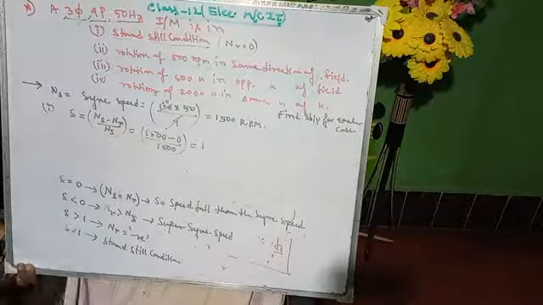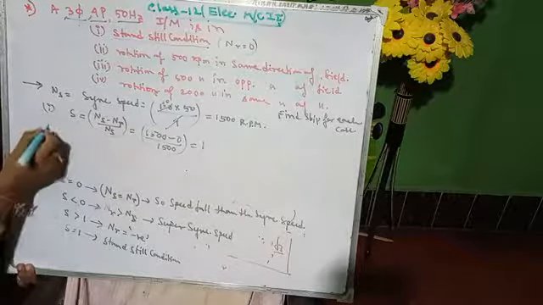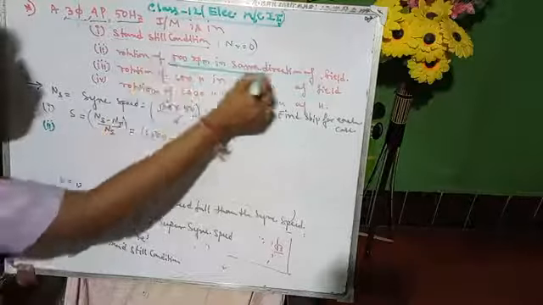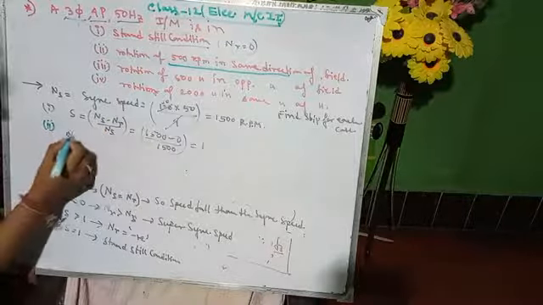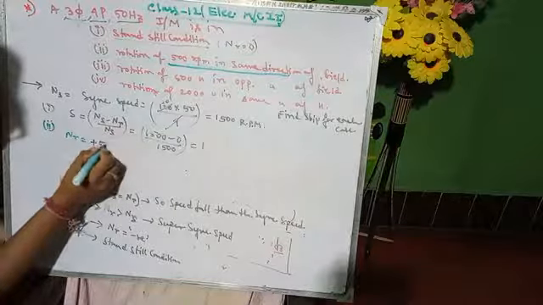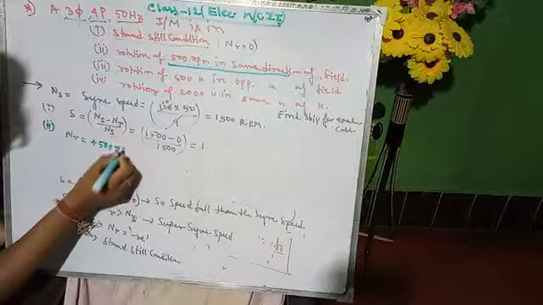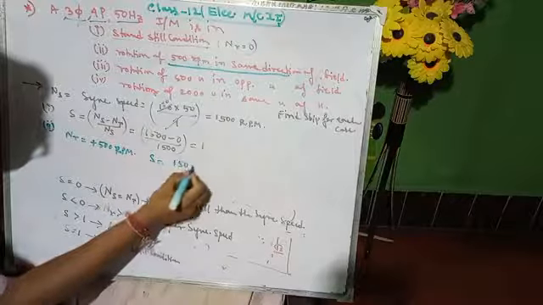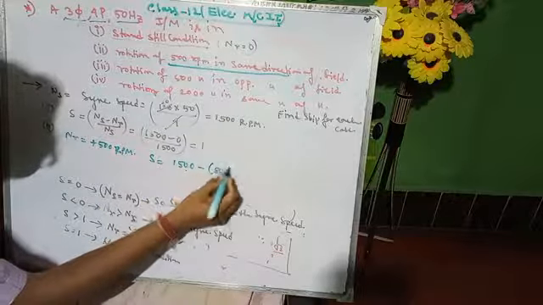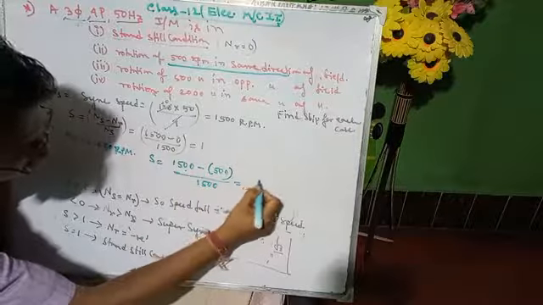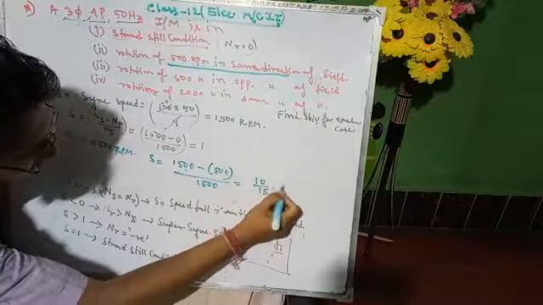For the second case, rotation of 500 rpm in the same direction, nr equals plus 500 rpm. So slip equals 1500 minus 500 by 1500, that is 10 by 15, which is 2 by 3.